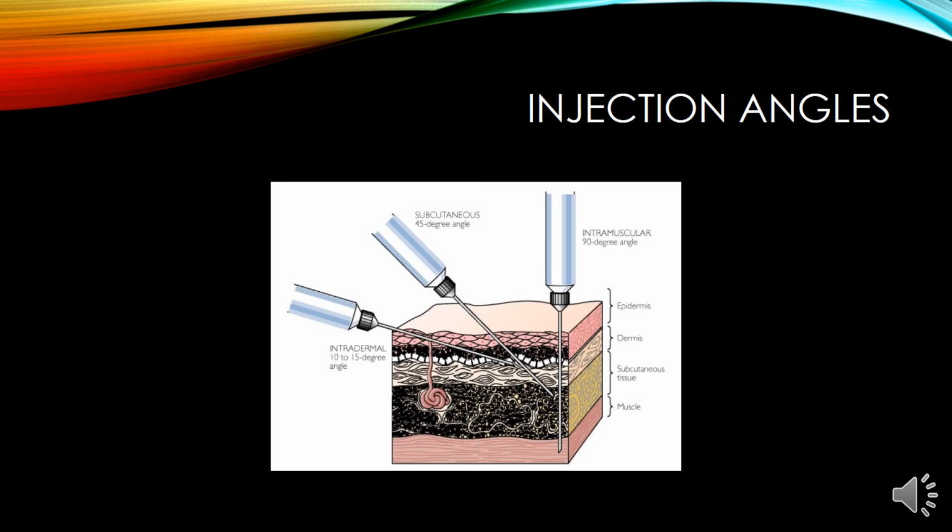If your patient has 10% body fat, which is very, very low, so for your tiny elderly women, you may need to use a 45-degree angle for an IM injection. This is where your critical thinking skills come into play when you are in the field practicing as a nurse. You need to consider your patient's size and the size of the needle that is appropriate for that patient.